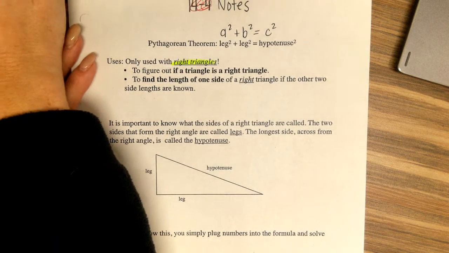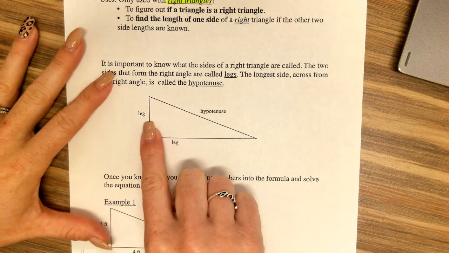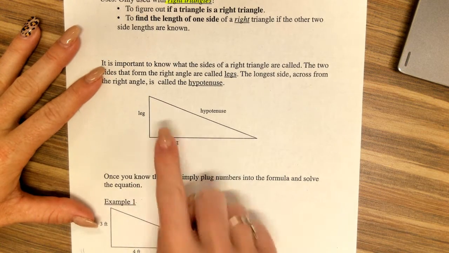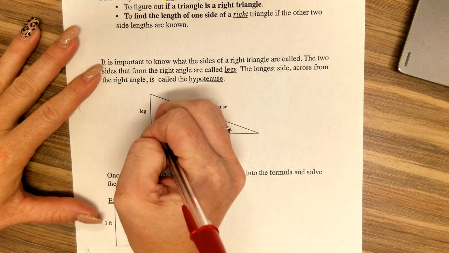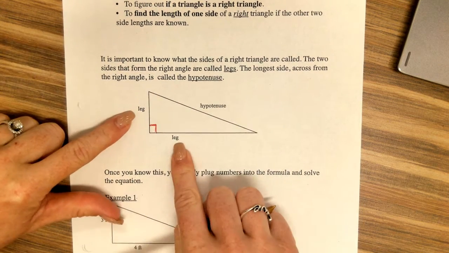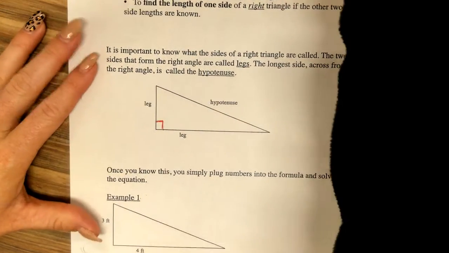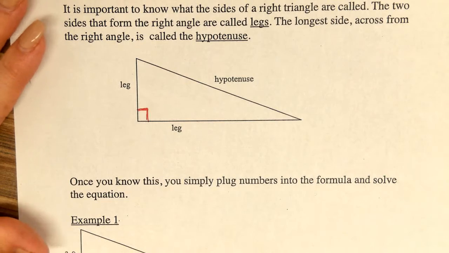All right, so let's go look at what we're supposed to know. It is important that you know that the two sides of the right triangle that form the right angle are called legs. Y'all need to draw a little right angle right there. They are called legs.